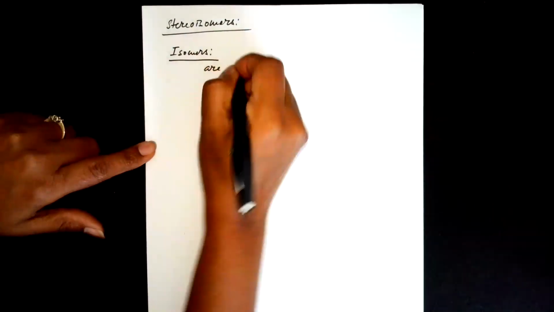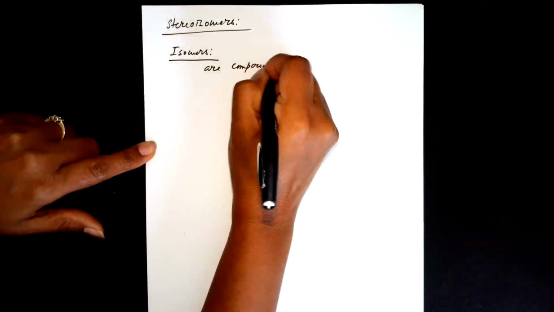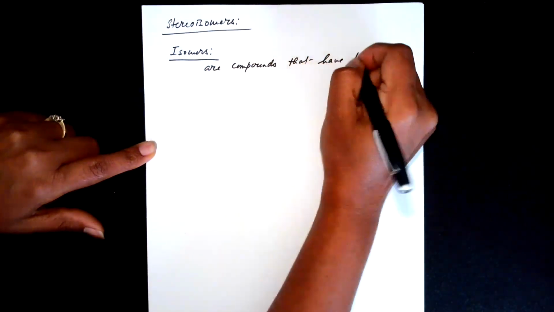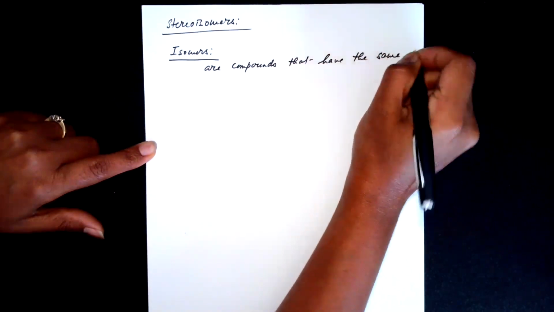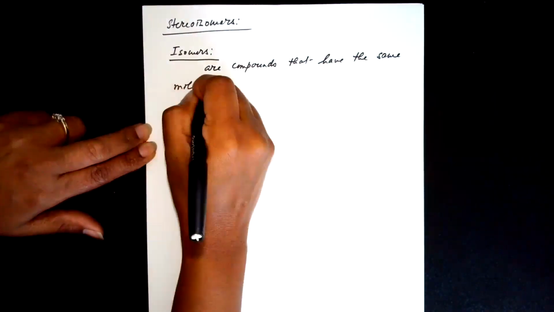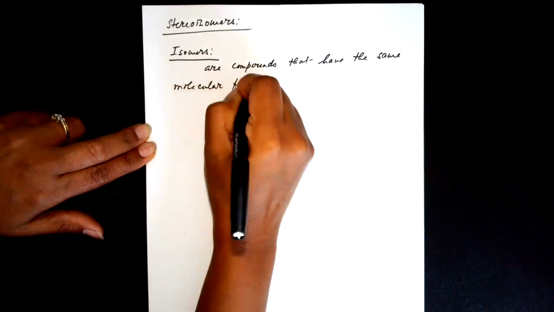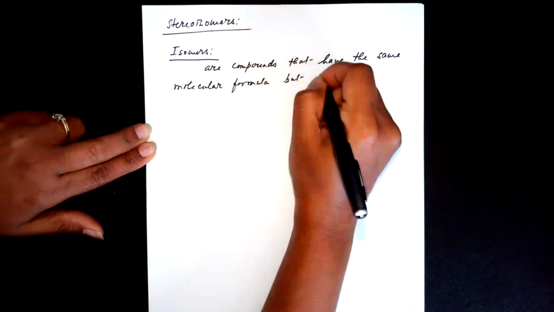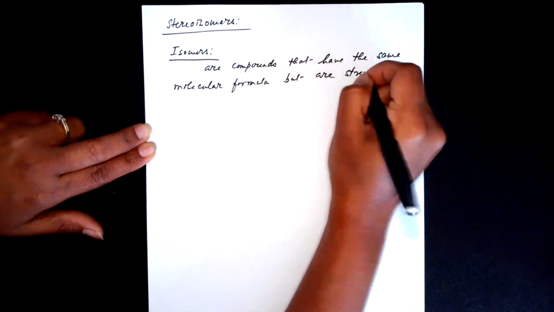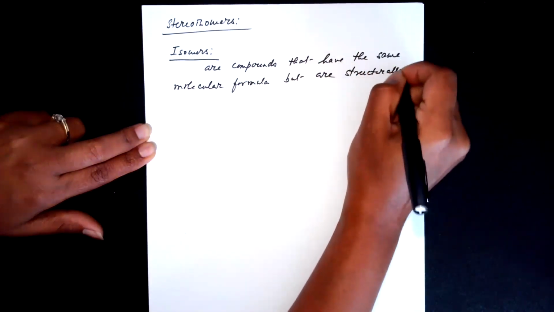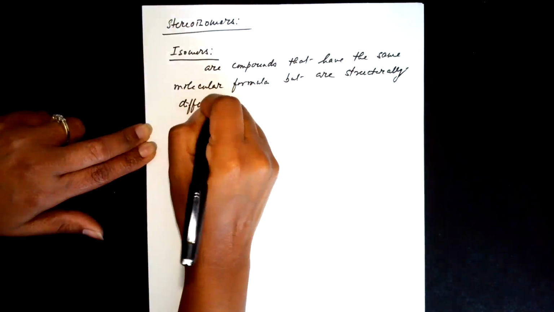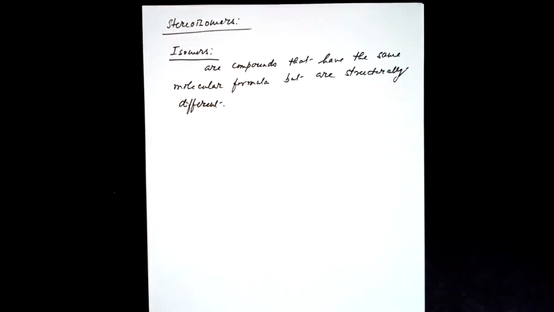So isomers are compounds that have the same molecular formula but are structurally different. They have the same molecular formula, but they are structurally different.